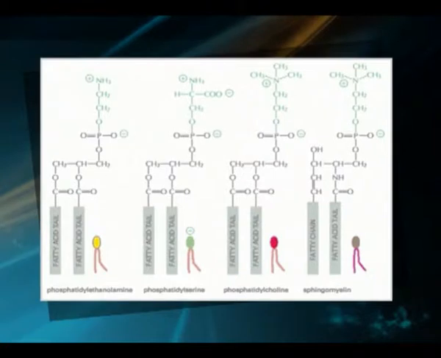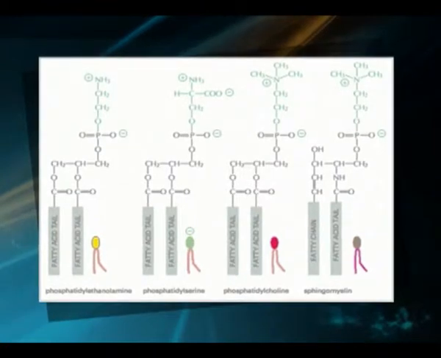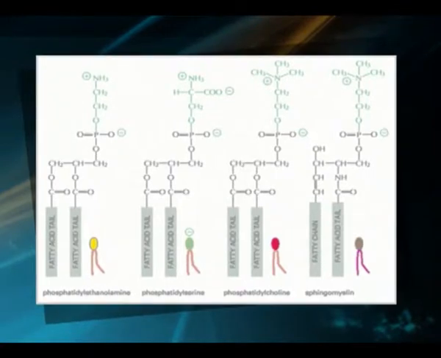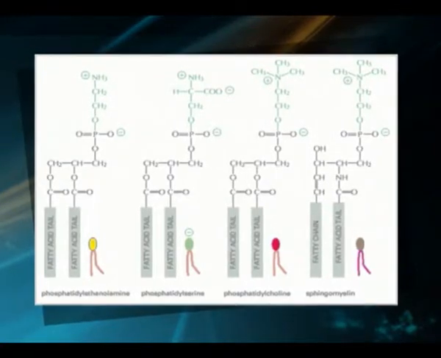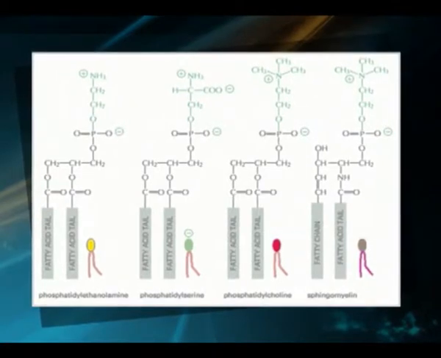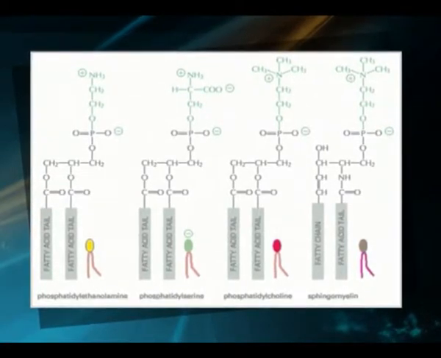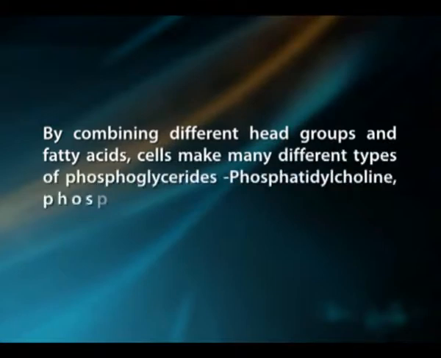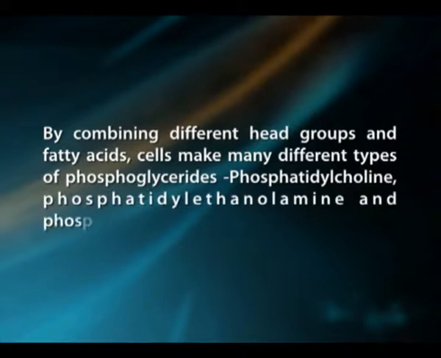You can visualize two long-chain fatty acids linked through ester bonds to adjacent carbon atoms of glycerol, and the third carbon atom is attached to a phosphate group, which in turn is linked to one of several different types of head groups. By combining different head groups and fatty acids, cells make many different types of phosphoglycerides: phosphatidylcholine, phosphatidylethanolamine, and phosphatidylserine.